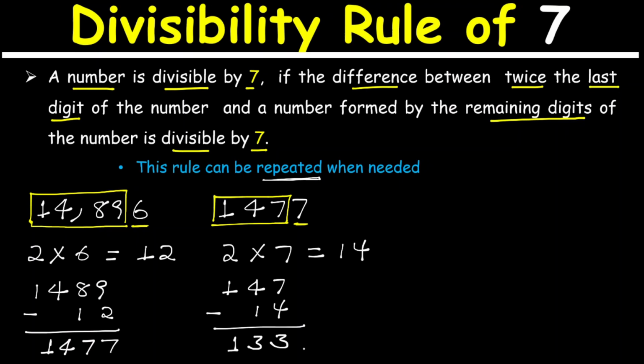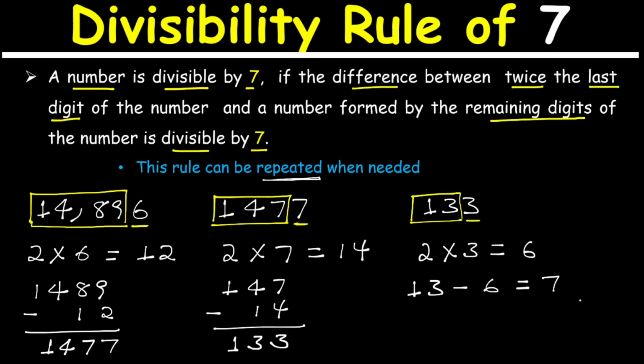Is the number 133 divisible by 7? Let's repeat the same rule on it. The last digit of the number 133 is 3, and the number formed by the remaining digits is 13. Twice of the last digit is 2 multiplied by 3, which is equal to 6. Now let's calculate the difference. 13 minus 6 equals 7.